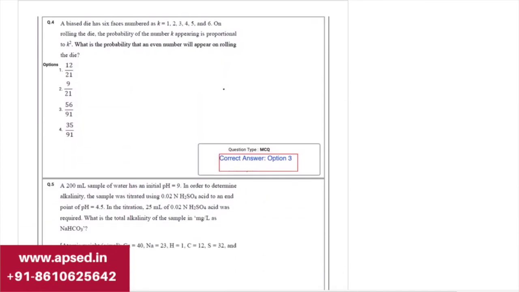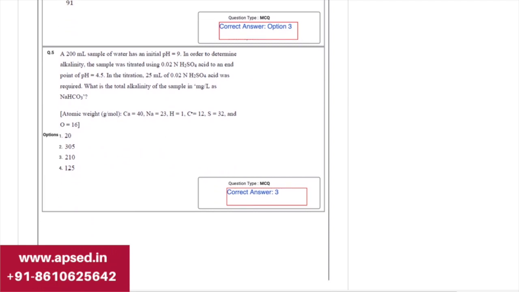Then if we see few more questions, this question is from the alkalinity topic. So here it is giving that for a 200 ml sample, 0.02 N H2SO4 is used, and for reducing the pH from 9 to 4.5, 25 ml of this acid is used, and here it is asking the alkalinity in terms of sodium bicarbonate. So generally we calculate in calcium carbonate form.